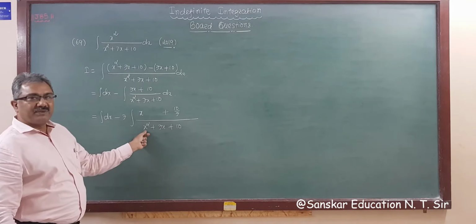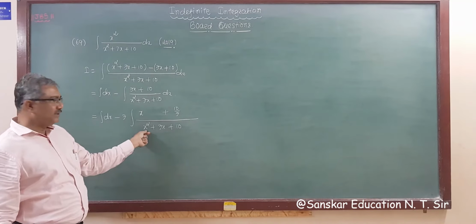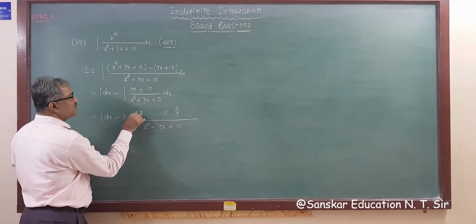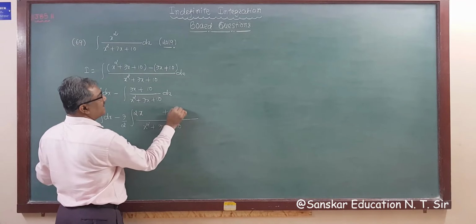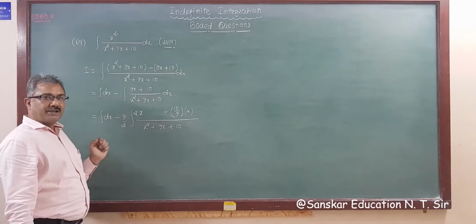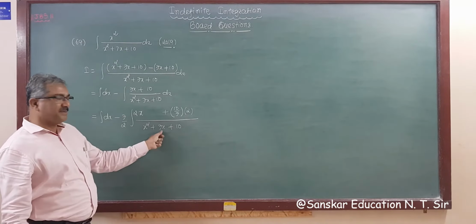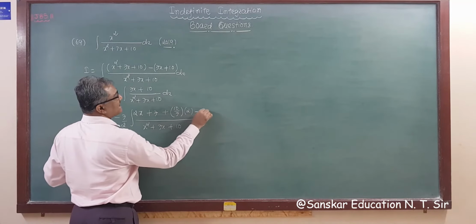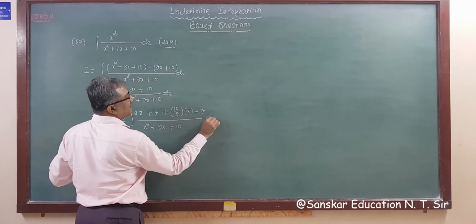Now the derivative of this is twice x. So divide and multiply by 2. This is 2x and this becomes 10 by 7 into 2. Got it? Now the derivative of 7x is plus 7, so plus 7 and minus 7, and this is dx.